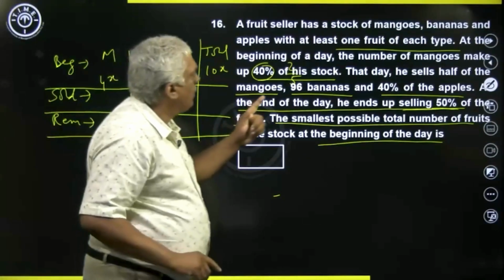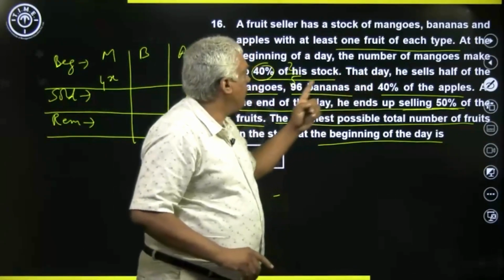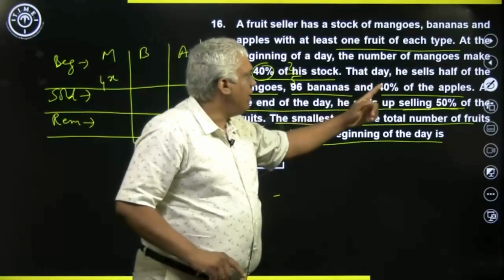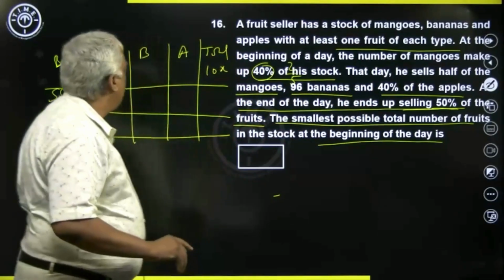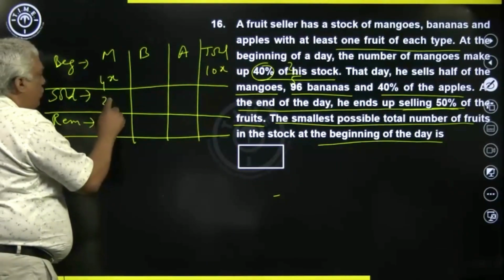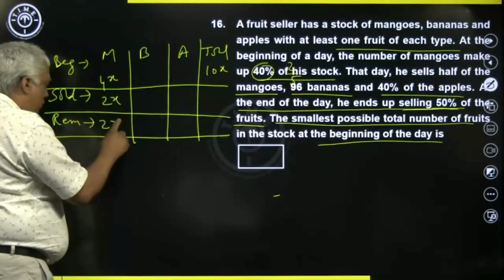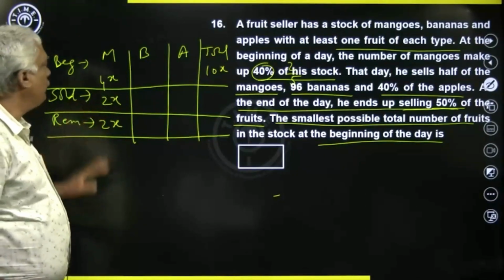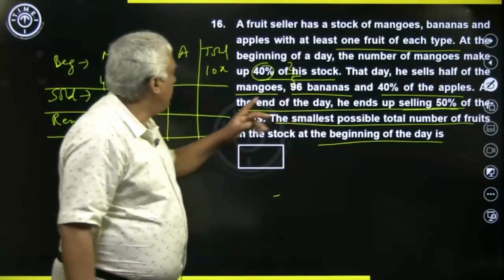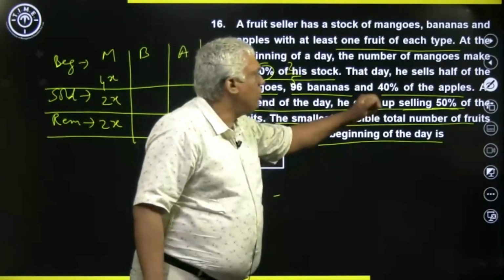Now at the beginning of the day, the number of mangoes makes 40% of the stock. That day he sells half of the mango, so he sold 2x, remaining mango 2x, right? Half the mango is sold.